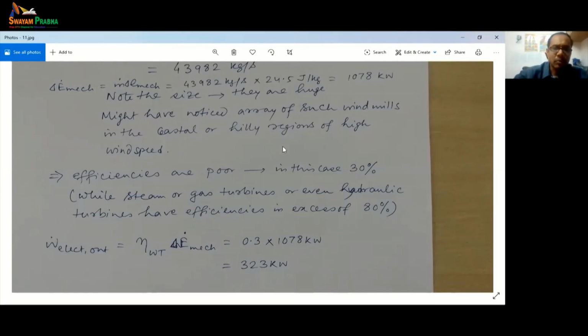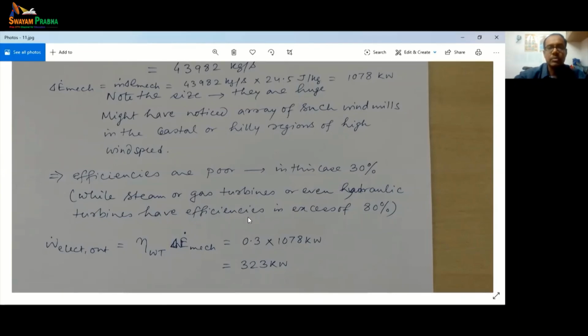But why do you need these big windmills? Because the efficiencies are usually poor. Here it's given 30%. And in the last problem you have seen for the turbine, and earlier to that for the pump, whatever system you take, steam turbine, gas turbine, or even hydraulic turbines, they have efficiencies in excess of 80%.